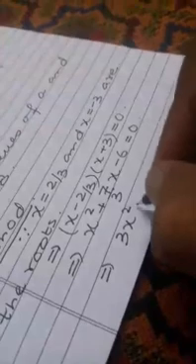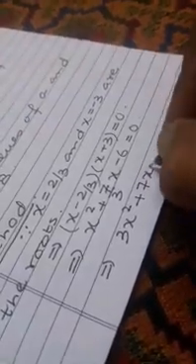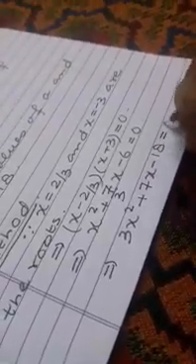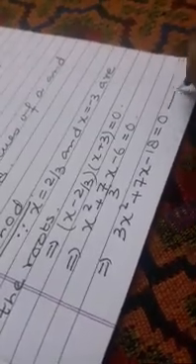Or by taking the LCM, it comes 3x square plus 7x minus 18 is equal to 0. Give this equation 1.